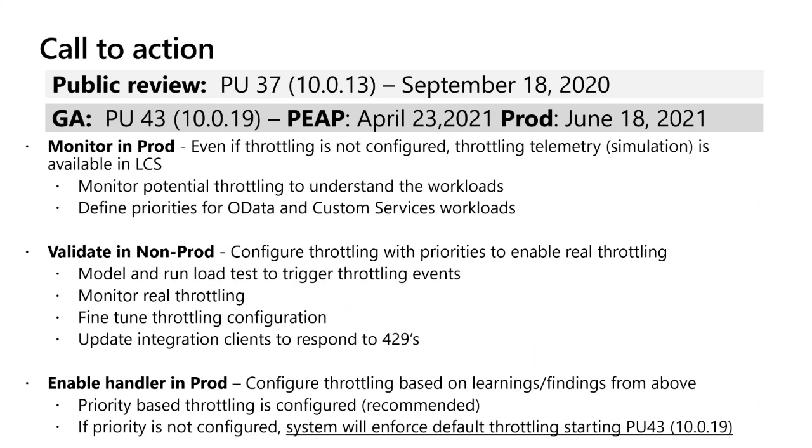As I said, this has been in public preview since PU 37, so it's been there for a very long time. During this time, in addition to showcasing what requests might get throttled in your environment, we on the product side have been collecting a lot of information, looking at how to adjust some of these limits from behind the scenes, and taking an inventory of the number of environments that would be subject to the throttling.